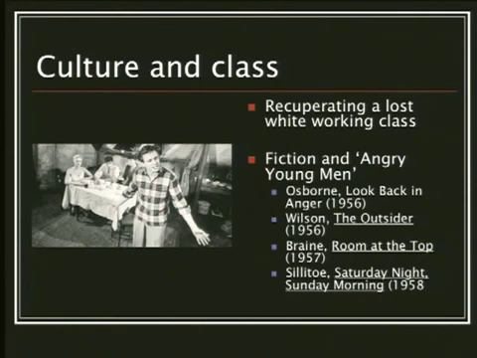All of these novels become hugely popular and are made into films. And I'm going to show you a clip because I adore this movie. This is of Saturday Night, Sunday Morning, the trailer for it. It's a brilliant movie. It's a brilliant novel.